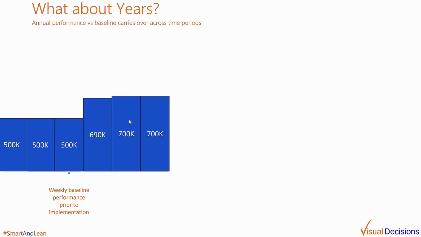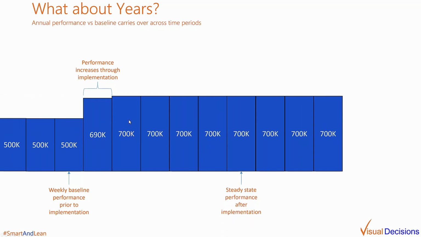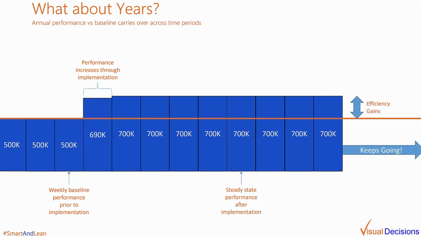We don't lose those performance gains. And so with that established baseline, it keeps going. We see that 40% gain, and you still have in year 2, year 3, year 4, year 5, that performance gain, that efficiency gain against your original baseline. And so it is an annual savings and not a one-time.